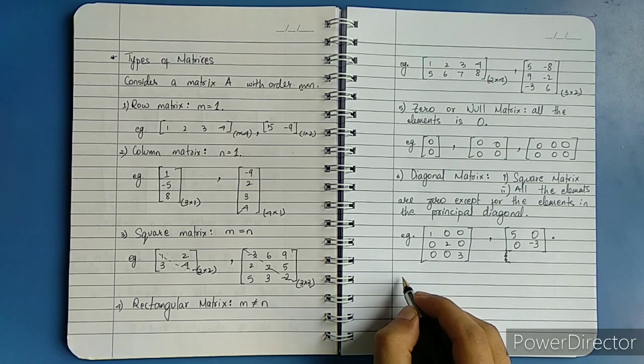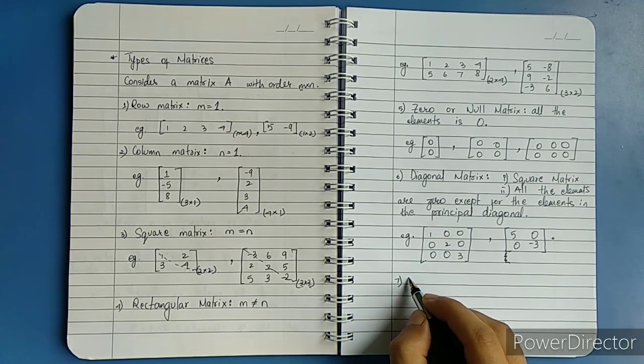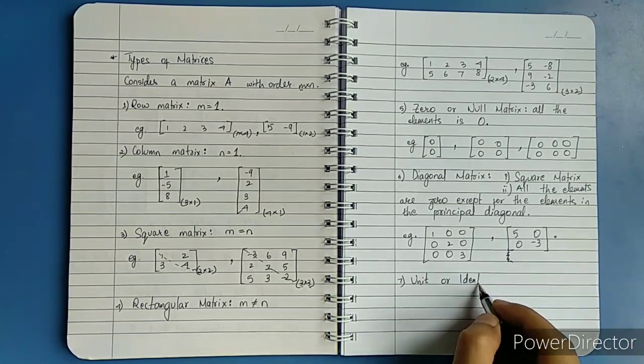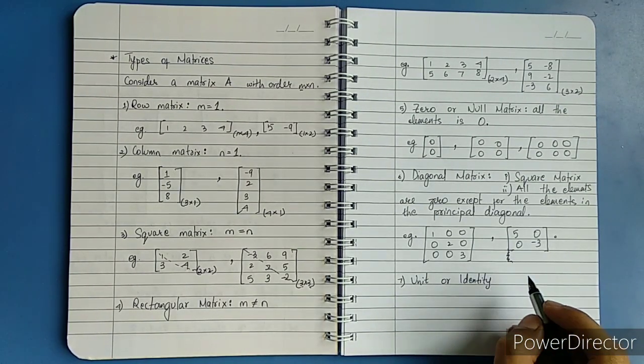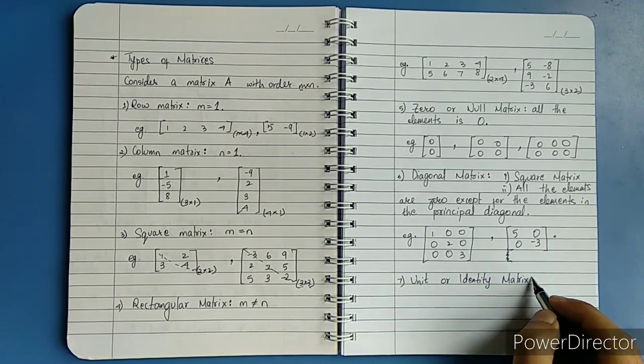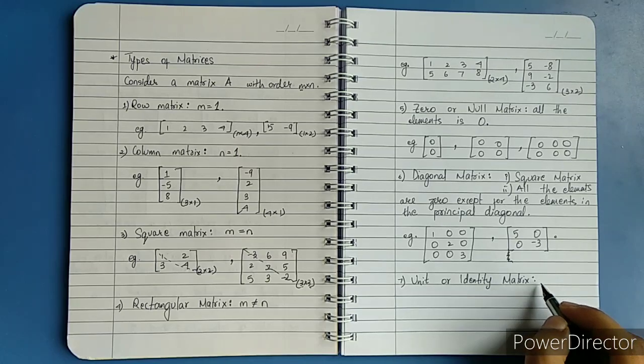Then number 7 is a unit matrix or an identity matrix. So first thing, it should be a square matrix.